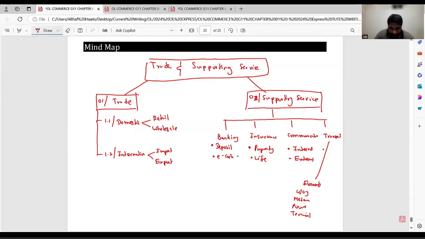Under ways we learn road, rail, water, air. So this is a quick snap, and advantages and disadvantages of each one. This is a quick snap of the entire chapter.